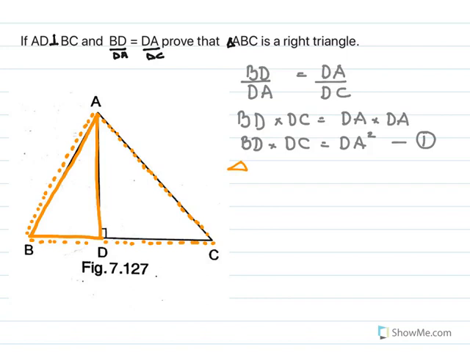If you see, angle B is common for both. So we have angle B equal to angle B because it is common.